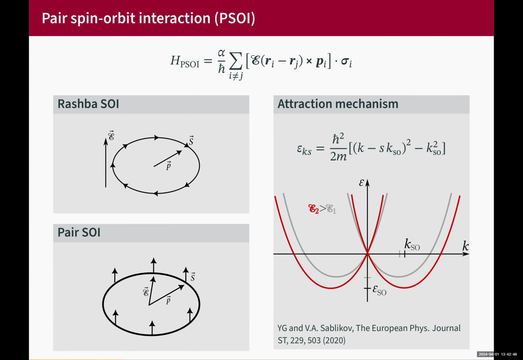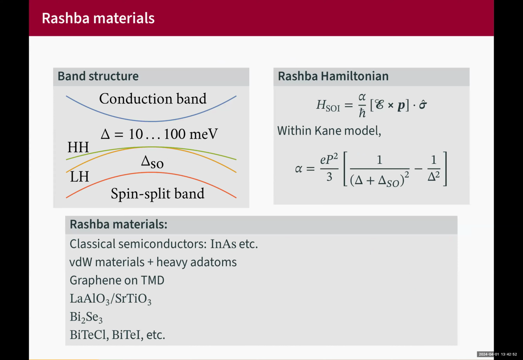This Kane model, what is the Kane model? Can you remind us? It's a classical model of semiconductors like gallium arsenide or indium arsenide. This is an exactly solvable 4-band, or including spin, 8-band model within which you have the conduction band, two bands of heavy holes and light holes degenerate at the center of the Brillouin zone, and then, very importantly, a spin-split third valence band.